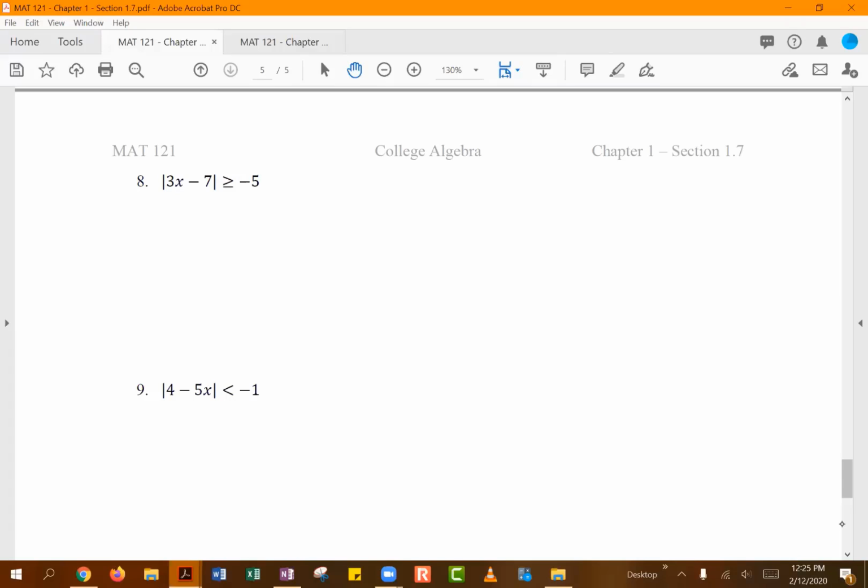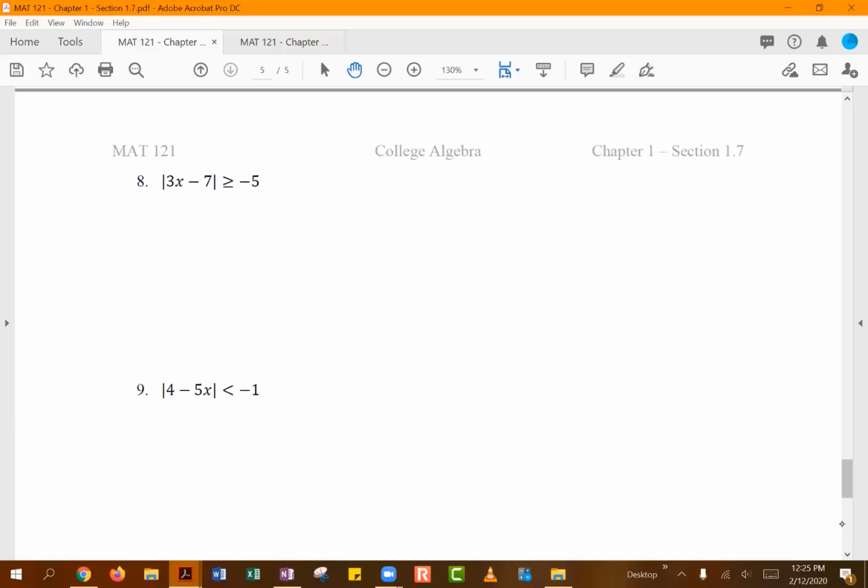So number 8 is absolute value of 3x minus 7, and they're telling us the distance, whatever number it will be, is greater than or equal to -5. Now, can we have a distance which would be greater than -5? Yes, because even if your distance was 0, it is still a number greater than -5, right?